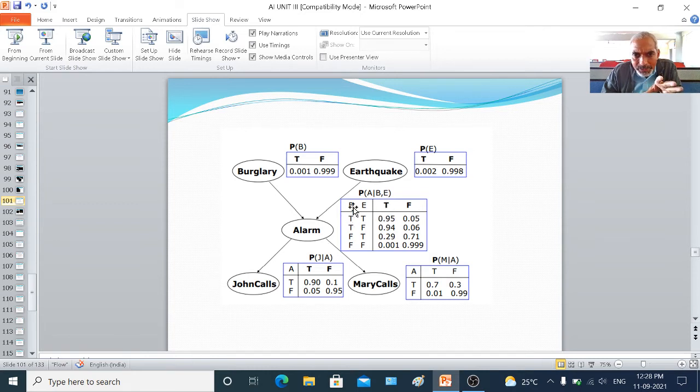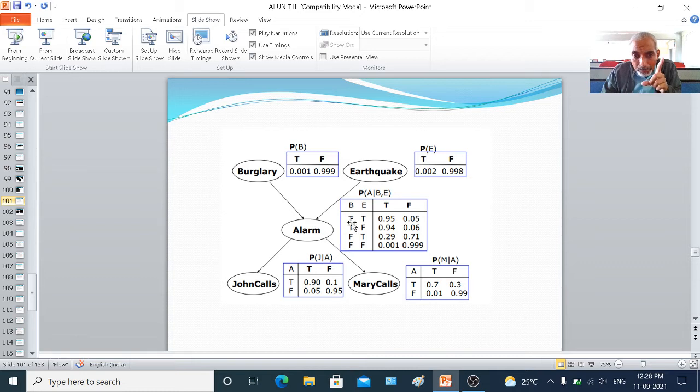So now you can see there are two events here. One is B and the other one is earthquake E. So the probability of the alarm bell ringing given A, that means given B has occurred, right? So now B is true.